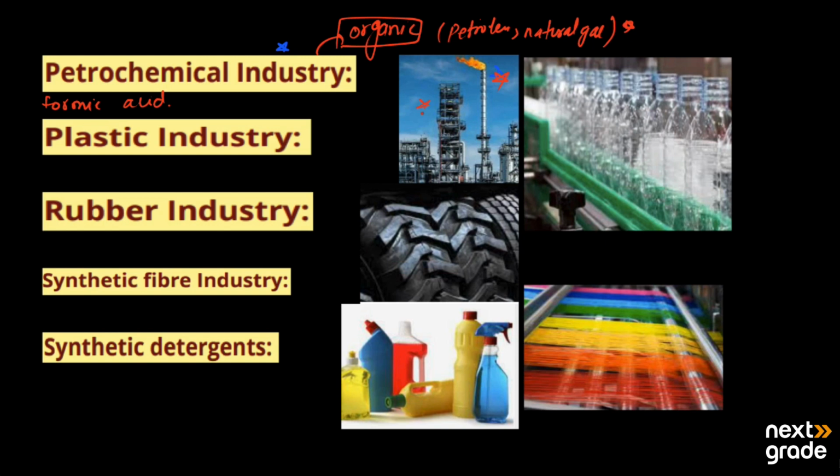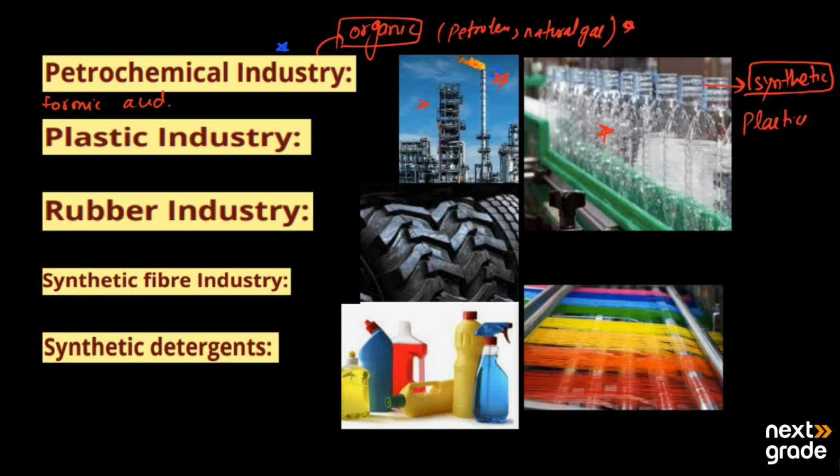Then the second is the plastic industries. Hydrocarbons are also used as a raw material for the preparation of a large variety of synthetic polymers. Synthetic polymers means those that are prepared in the laboratory or in the industries. That's why they are used in the production of different plastics. Here you can see this picture with plastic bottles.